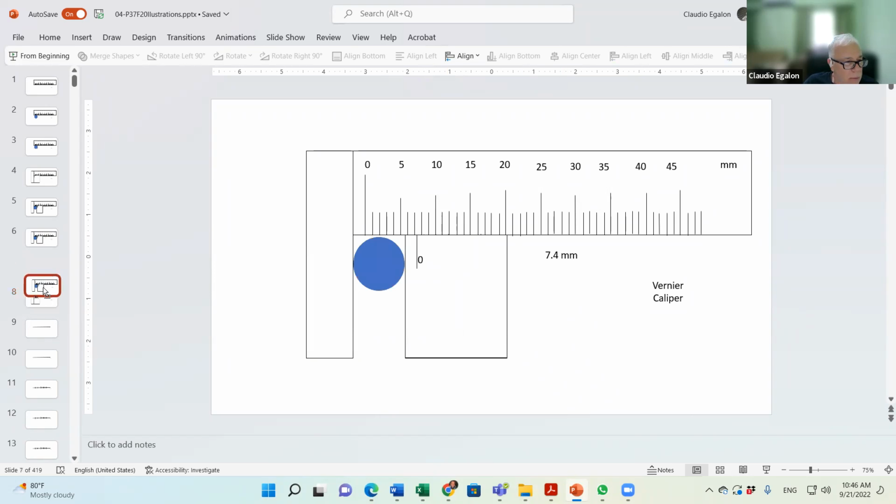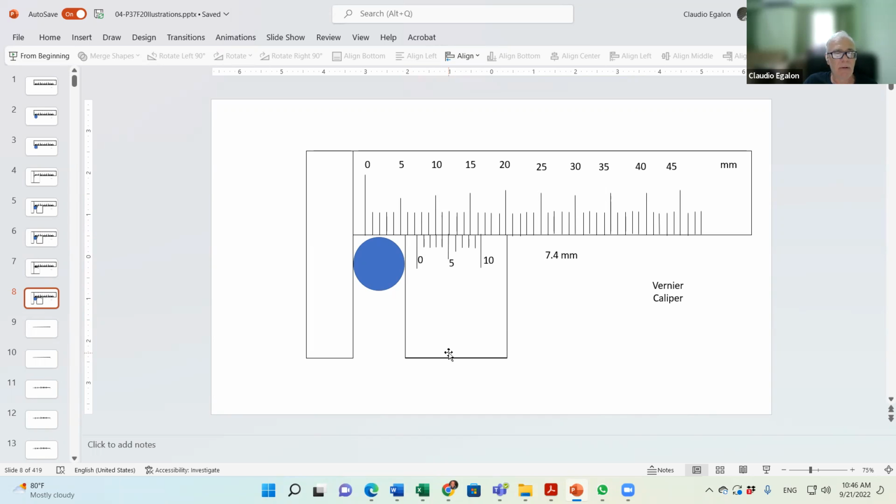So if you are measuring the sphere with this scale here, this one is in good shape, right? What would end up being this measurement? Let me show you how. You line up the 0 with the upper scale, you get 7 millimeters.